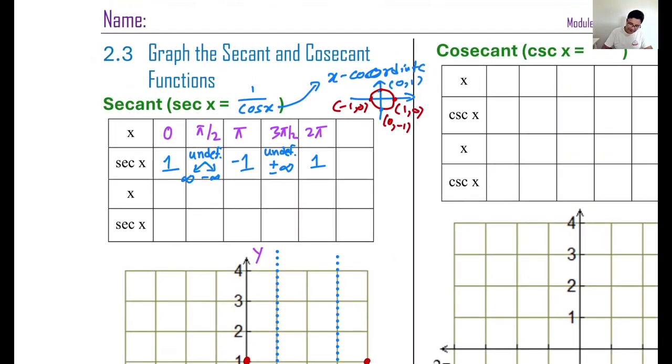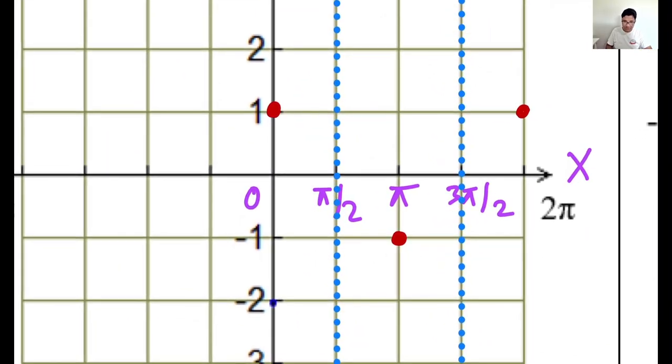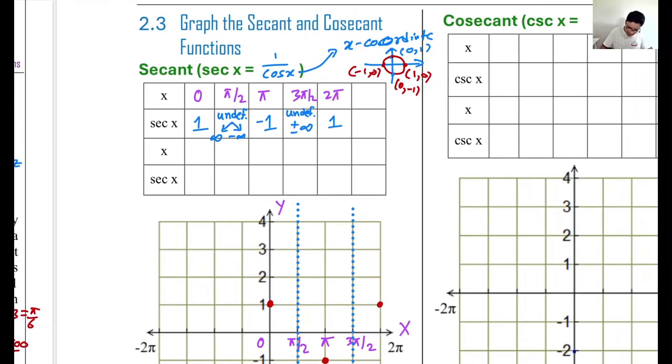Let us do that. Let's say between 0 and pi over 2. If you zoom in here, between 0 and pi over 2, you can consider, say, pi over 4. That's 45 degrees.